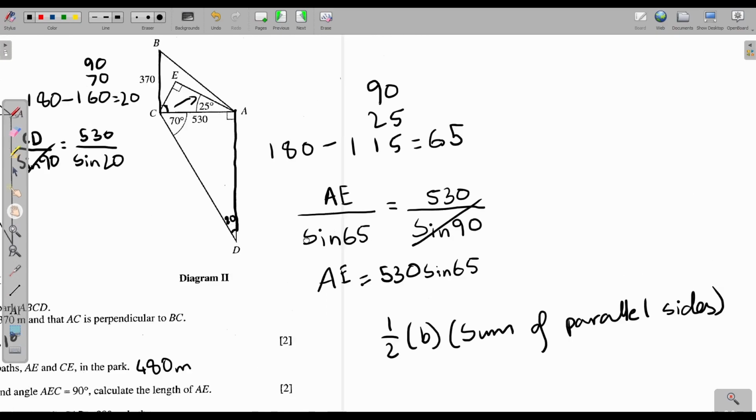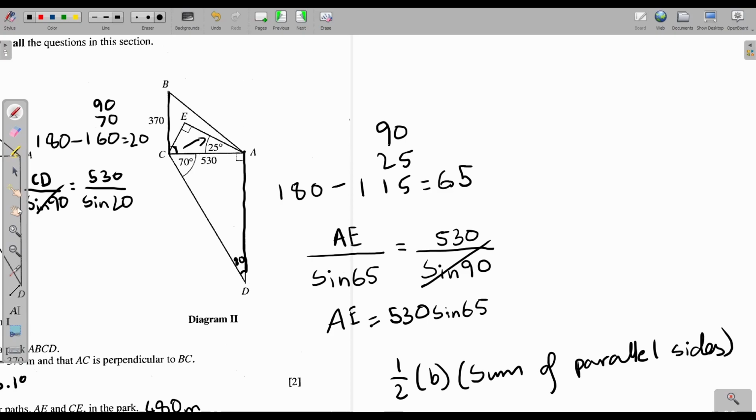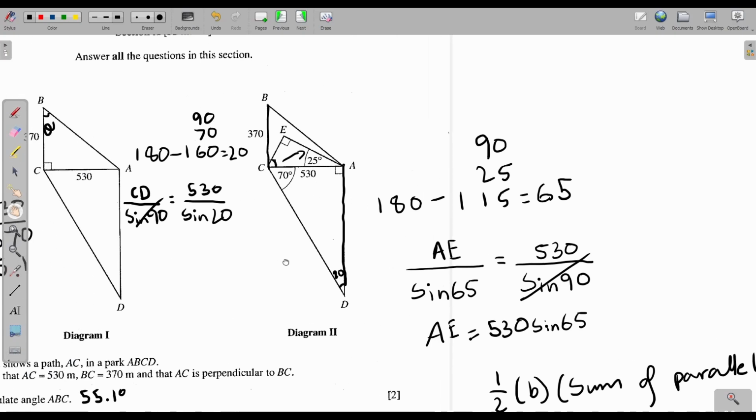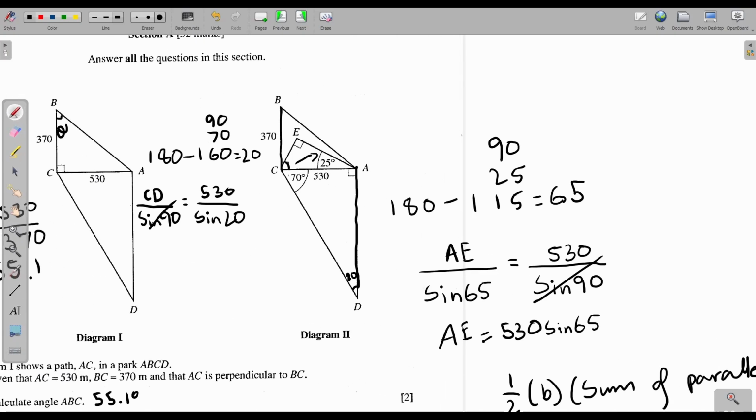So what that entails for us is, well, first of all, we need to find AD, and we can find AD similarly to how we found CD. So to find AD, we would do AD over, what is the opposite of AD? 70. So AD over sine 70 is equal to 530, since we know that, over sine 20, right?